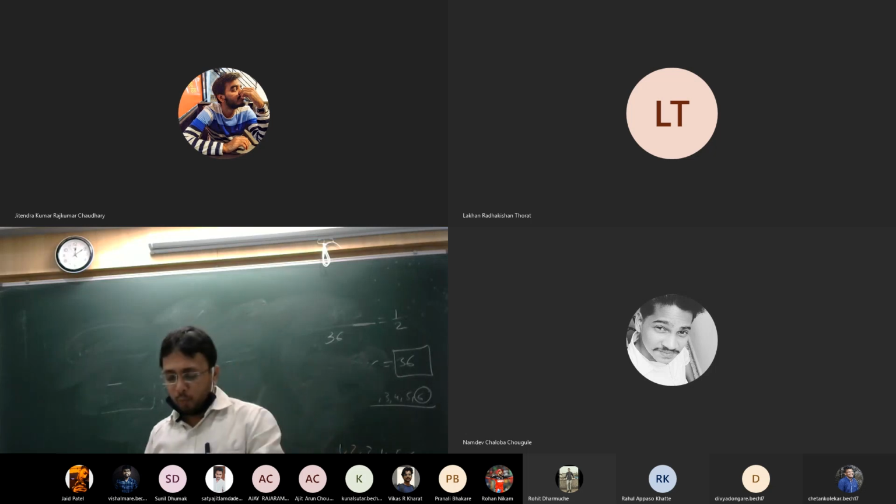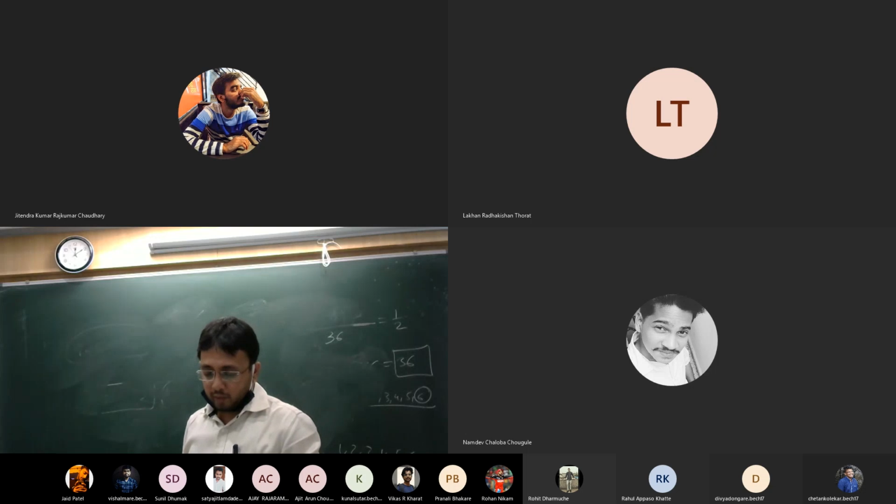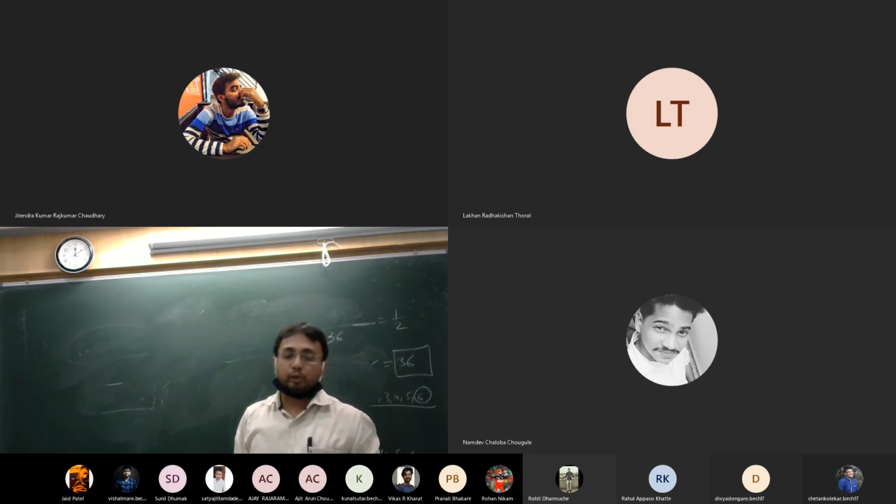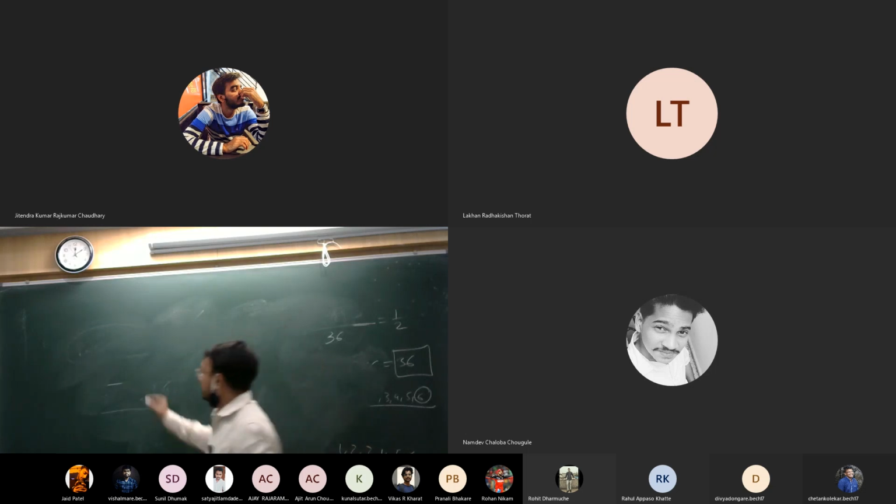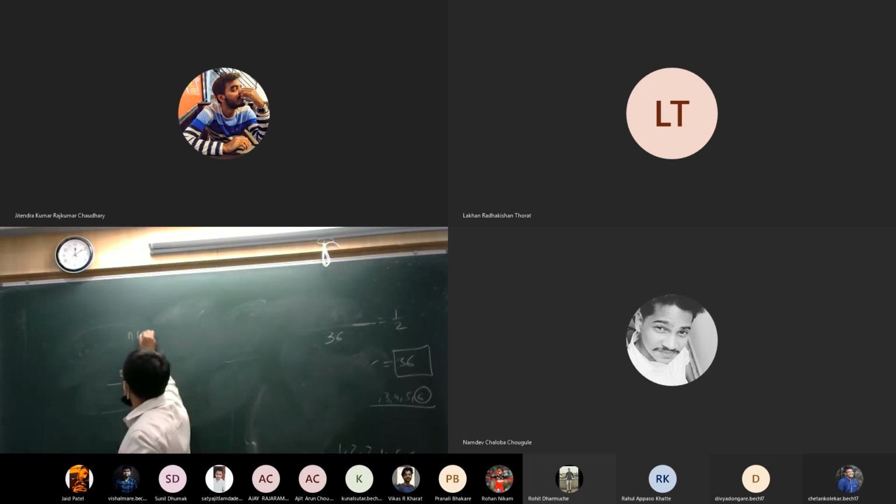So in a throw of a coin, find the probability of getting a head. This was a simple question. What is the probability of getting the head in a throw of a coin? In a throw of a coin, what is the sample space? All possible outcomes would be either head or tail.